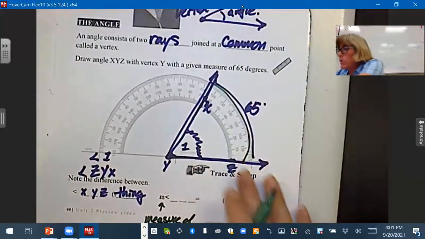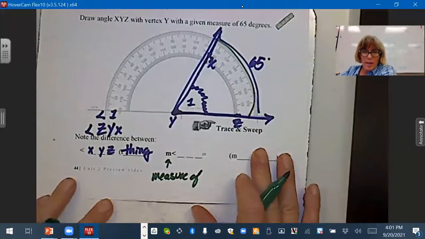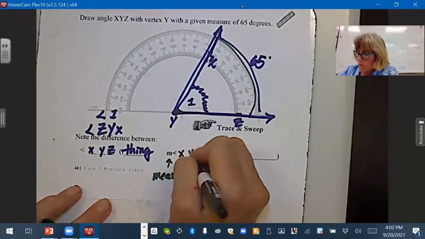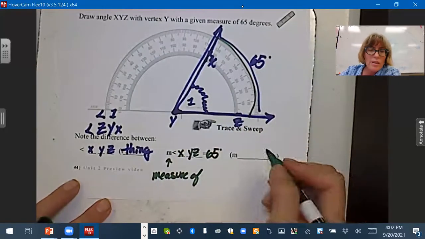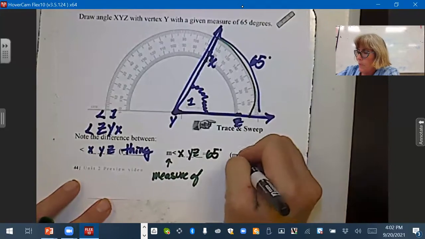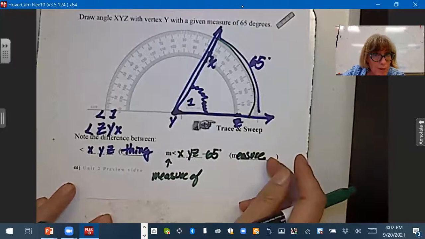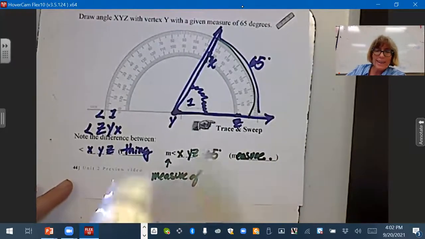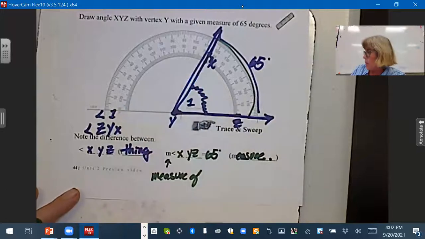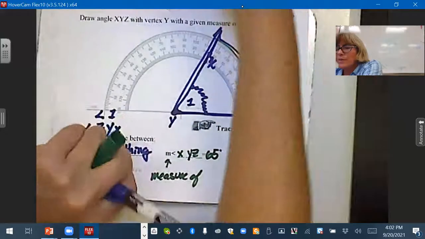So if I want to talk about the measure of XYZ, it would equal 65 degrees. M equals measure. We're going to be using protractors in class, so make sure you bring that with you next class. Ready? Turn the page.